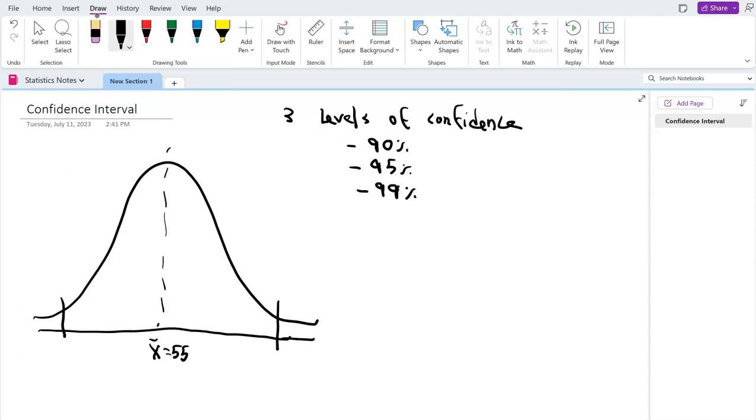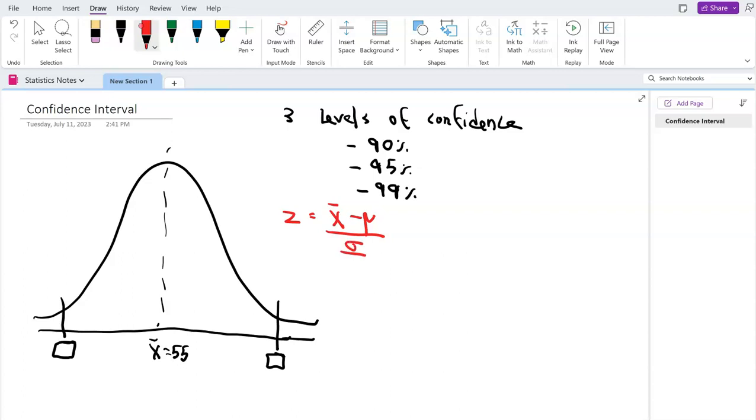So we have to find out these two numbers. What we can do, and we learned about this before, is use something called a z-value, which we calculated before, and the z-value was x bar minus mu divided by sigma over square root of n, if we know the value of our standard deviation.